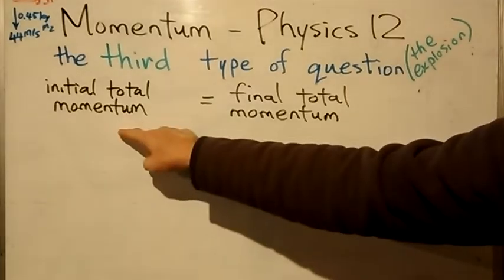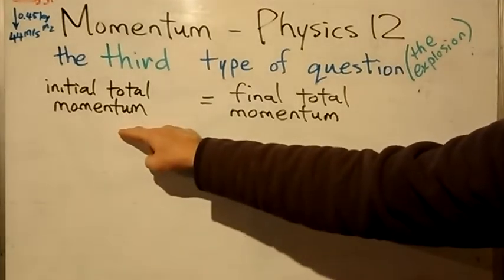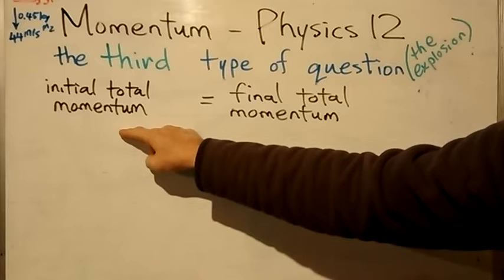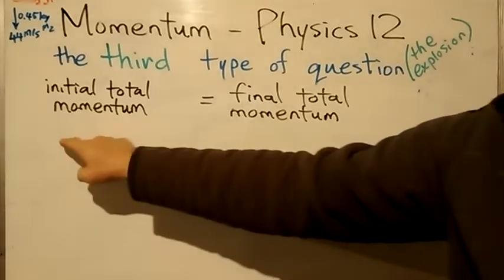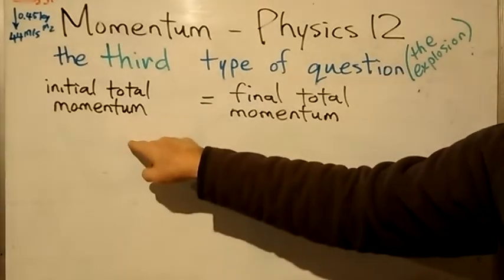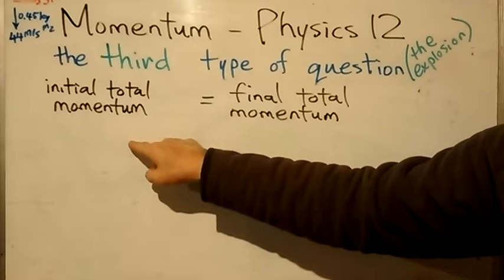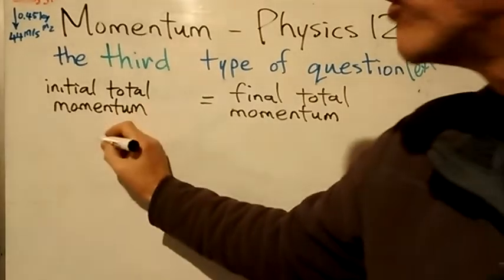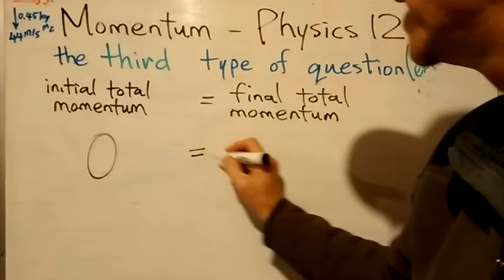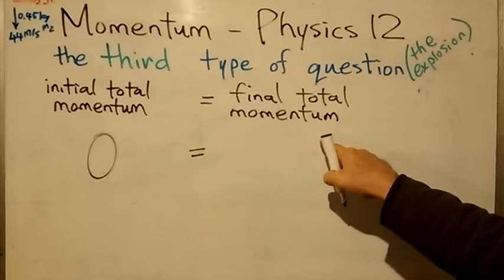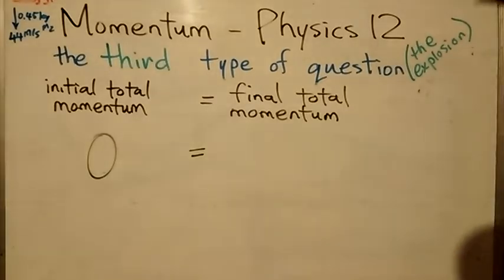If we take a look at the initial total momentum, none of them were moving. They were all stuck together to start with to make 1 kilogram, and they weren't moving. So they had a mass of 1 kilogram, but they had no velocity. They weren't moving at all. So the initial total momentum was 0. And that has to equal the final total momentum after the explosion.